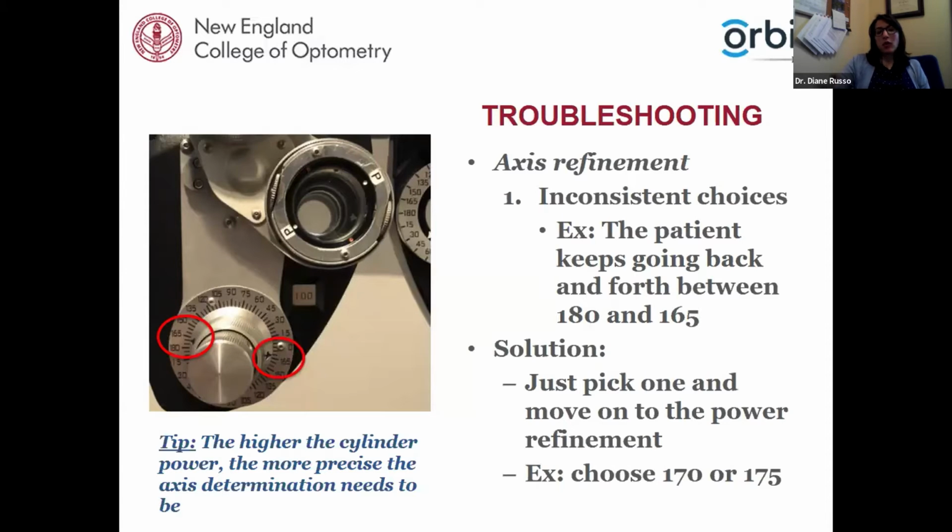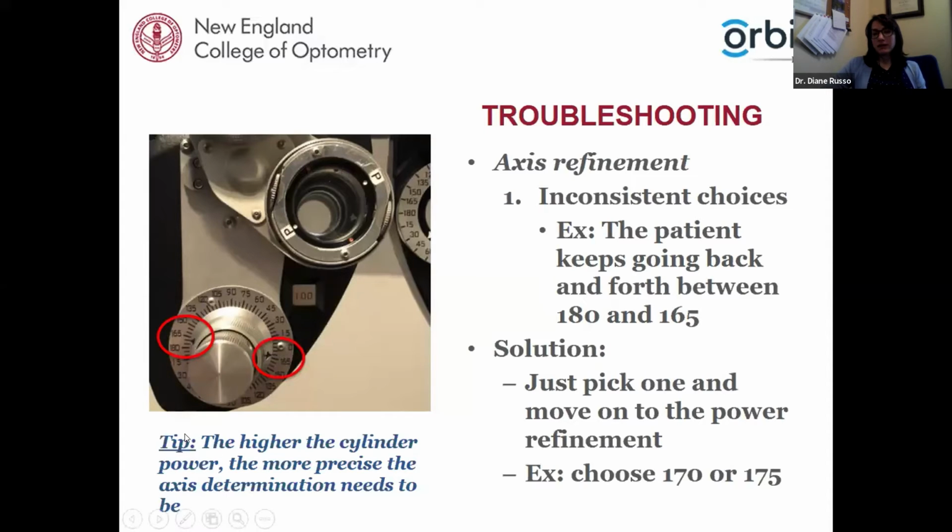You could pick one depending on how large of an axis range we're talking about. So for the example, the 180 and 165, you can choose 180, you can choose 165, you can choose something in between. But the tip down here, this is the most important piece to remember.